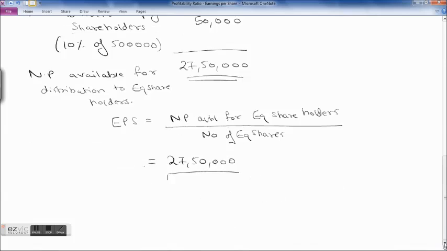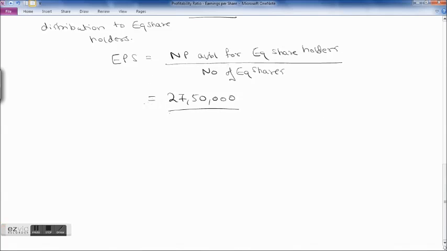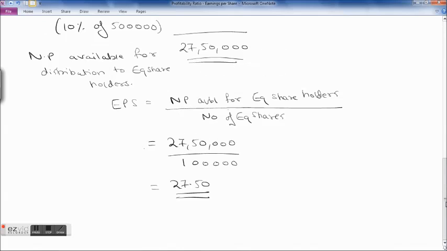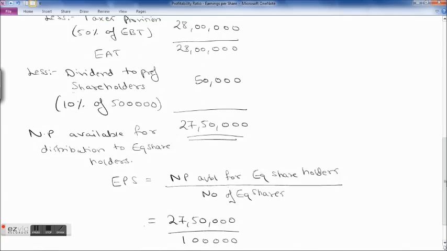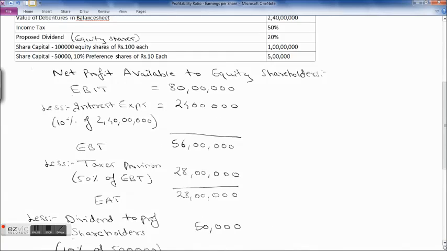So your earning per share is 27.50. So 27.50 is the earning, or part of net profit, which is available to each share.